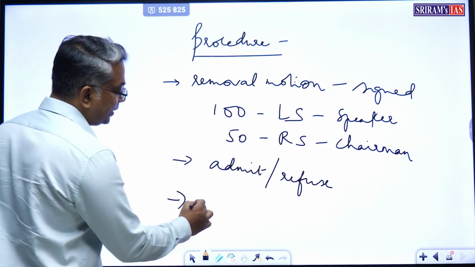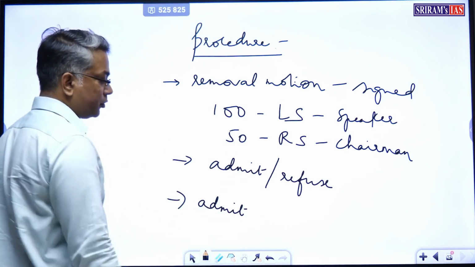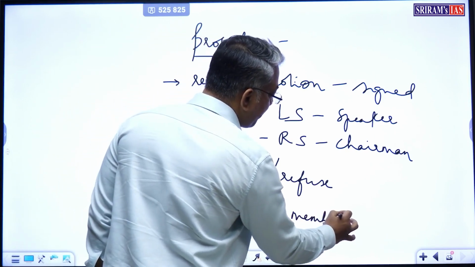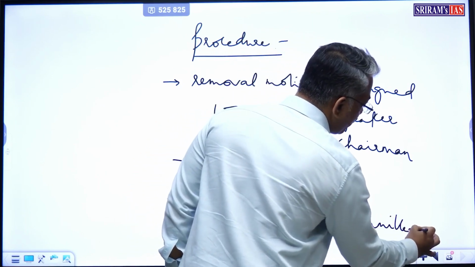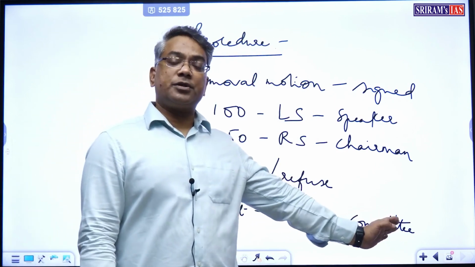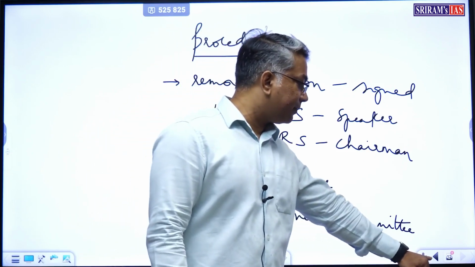In case the Speaker or Chairman admits the removal motion, a three-member committee is to be constituted for this purpose. Okay. So, what is the composition of the three-member committee?